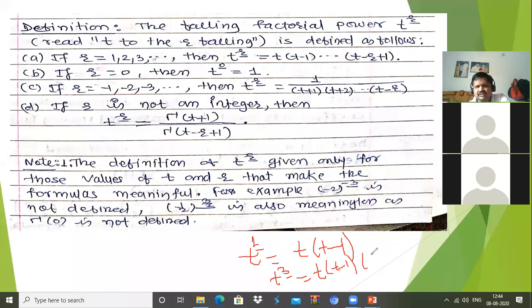Where do you have to go? t minus 2, which is 1 less than 3. If you want to find t to the falling 10, that will be t into t minus 1, t minus 2 up to t minus 9 and so on. That is the concept of t to the falling r, where r is a positive integer.